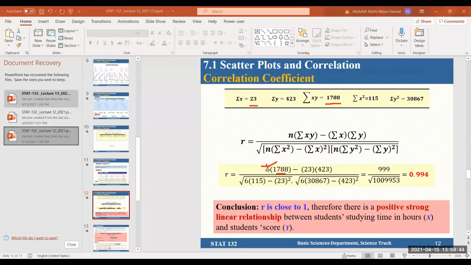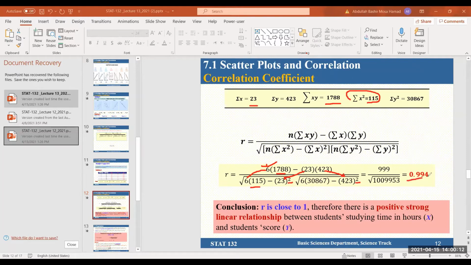The square root of N, and N is still 6, times the summation of Xi square, minus the summation of X all squared. The summation of X all squared uses the same value as before. Make sure this value is this value. Here also the same, make sure this value is this value. Just do the squaring here.